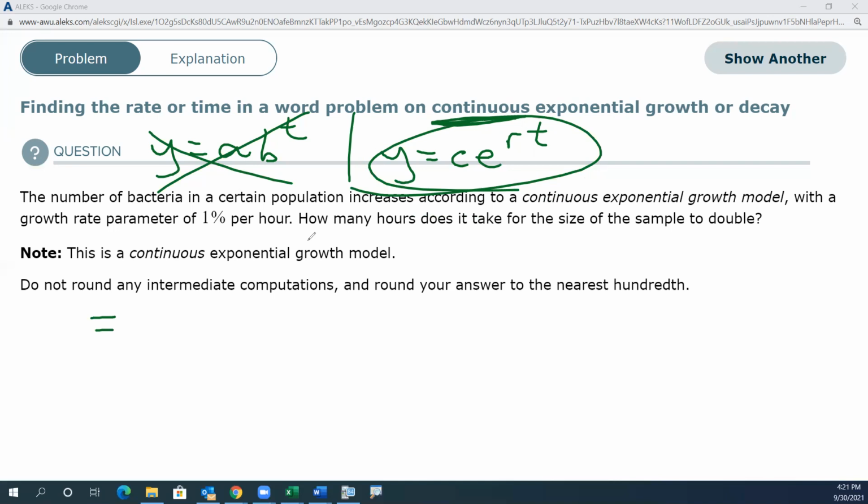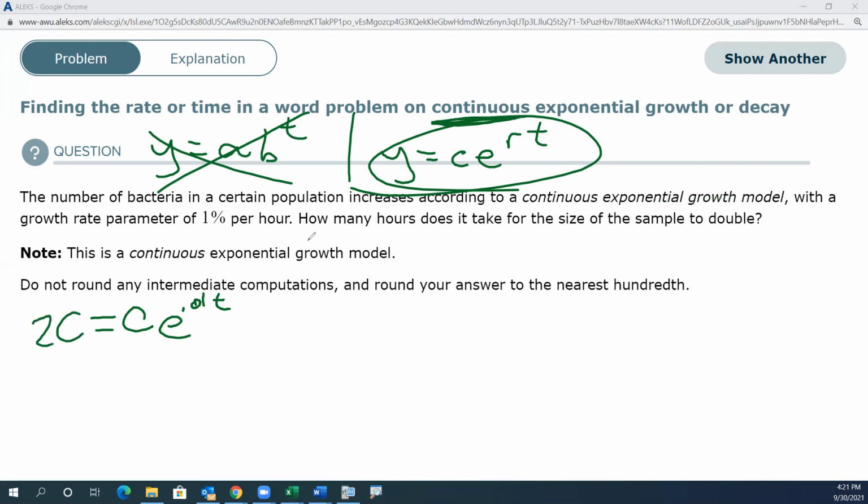It doesn't say what we start with. So I'll just start with C, I guess. You could pick a number if you want. It really won't matter. I'll just pick C because they don't tell me how much it starts with. And it says growth rate parameter of 1%, so 0.01 times t. And it says, how long is it going to take for it to double? Well, if we're going to start off with C bacteria, then we're going to end up with double that.